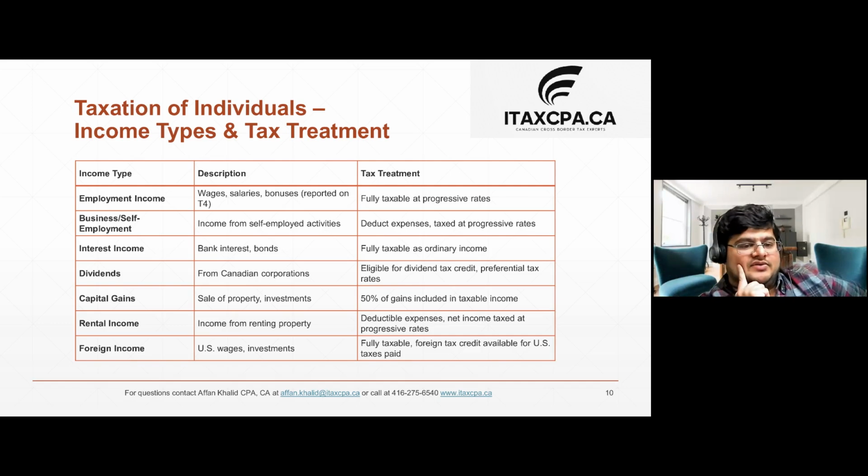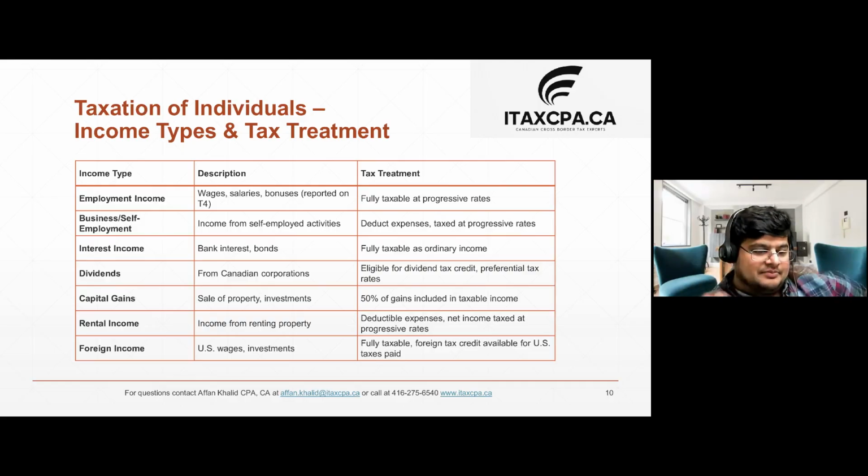The reason why there's a difference is because small businesses are taxed at 11-12% in Canada. The small business gets a preferential tax rate, so they're only paying tax at 11%, 12%.